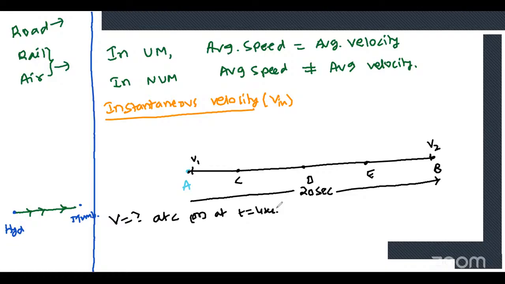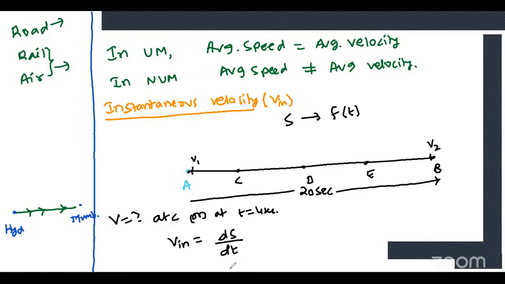Instantaneous velocity means it is the velocity of the particle or object at a particular instant of position or particular instant of time, such that the displacement will vary as a function of time. So velocity means rate of change of displacement.